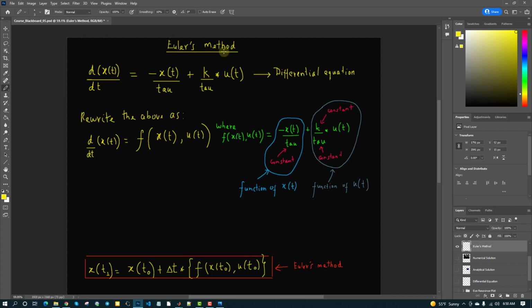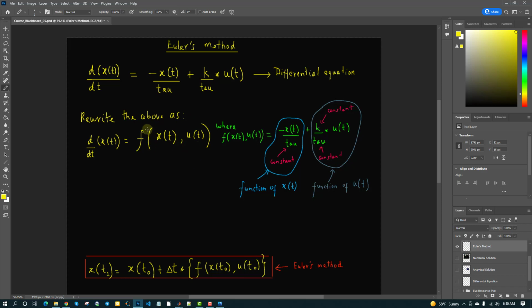Okay, let's talk about Euler's method here. This is the differential equation that we're trying to solve, and in order to understand Euler's formula, we have to rewrite this differential equation in so-called standard form. The left-hand side is still the same, just the time derivative of the system response, d by dt of x of t, equals, and we write the right-hand side as f of x of t, the system response, and u of t, the system input stimulus.